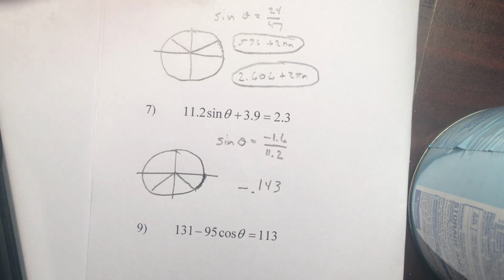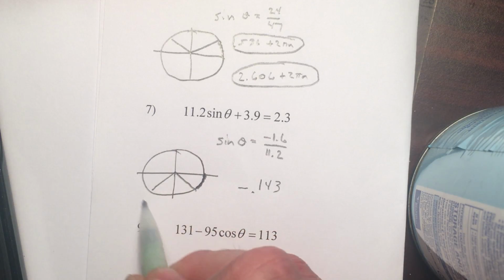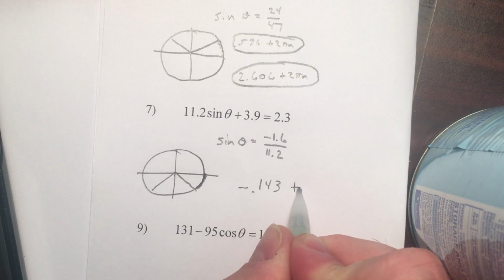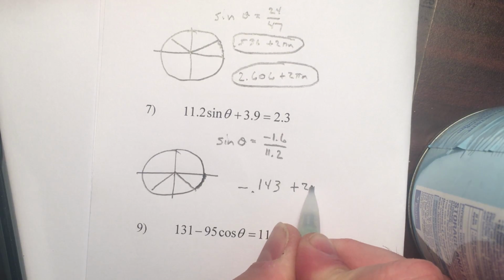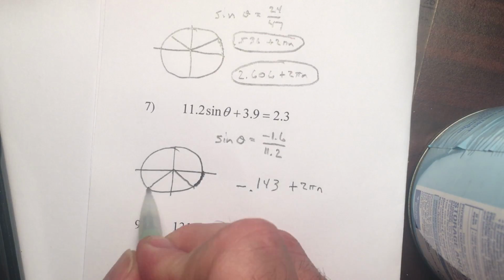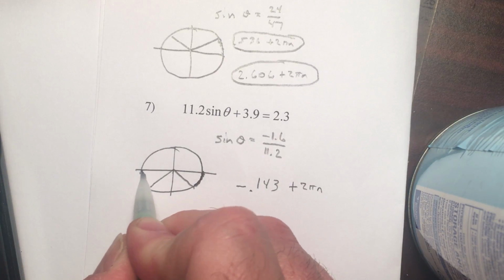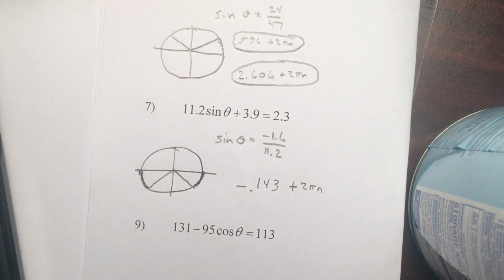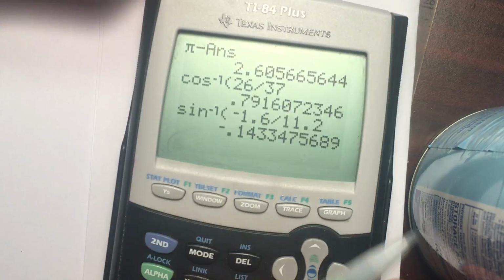Since there's no domain restriction, we can have this be an answer. We don't have to go counterclockwise. We can actually go with that and write plus 2 pi n next to that. But we still need to find this guy right here, so we do have to calculate him, which is going to be 0.143 past pi.